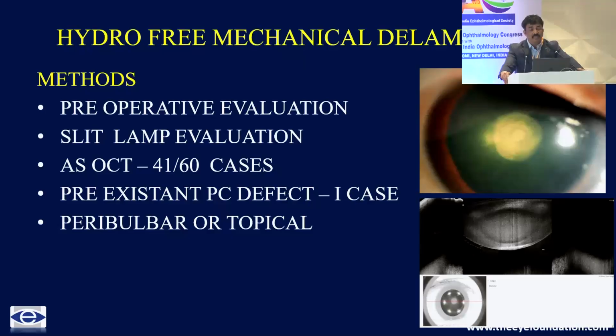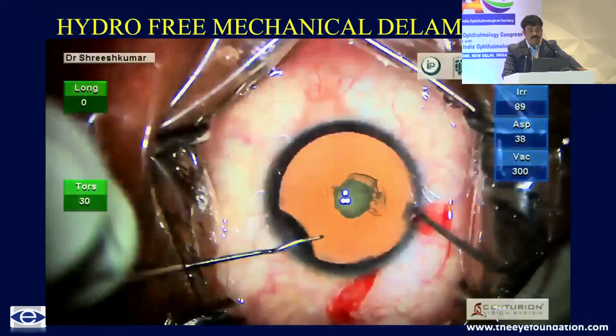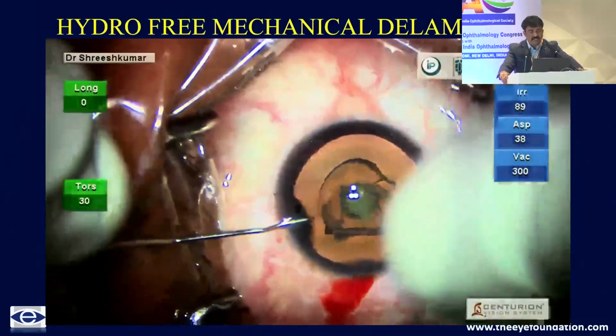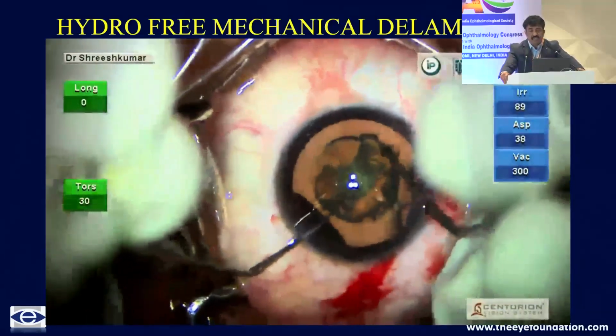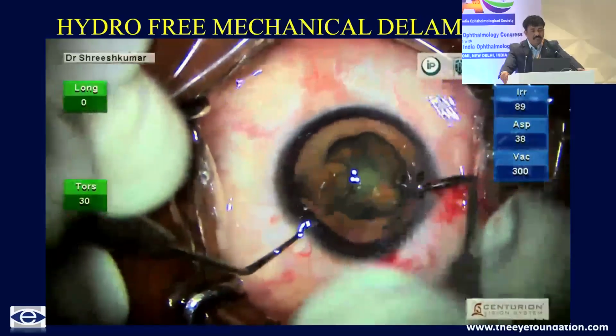Thorough slit lamp evaluation was done to assess the status of the posterior capsule, and anterior segment OCT was done only in 41 of 60 cases, and in one case we could see a PC defect. The surgery was done under peribulbar anesthesia here, but in most cases we even did it under topical.